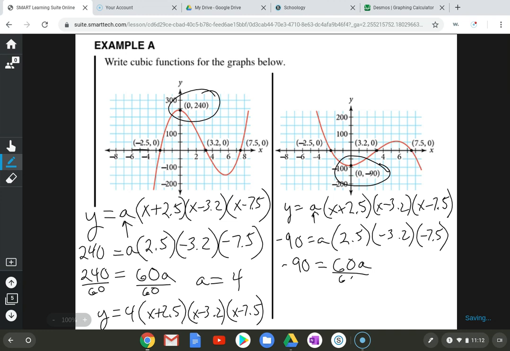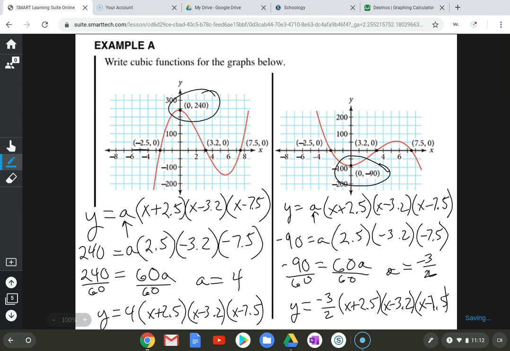If I divide by 60 and reduce my fraction, I get a equals negative 3/2. So my final equation is y equals negative 3/2 times x plus 2.5 times x minus 3.2 times x minus 7.5.